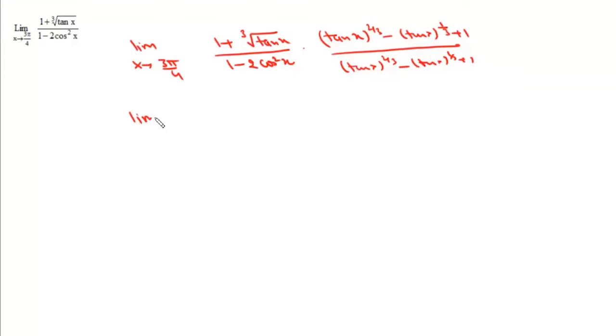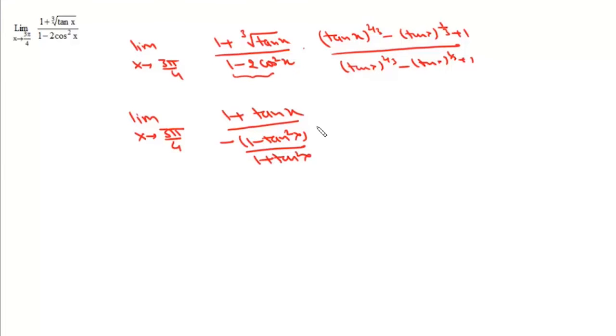So we write this as, this is limit x tends to 3 pi by 4, and here will be 1 plus tan x, and this is 1 minus 2 cos² x, which is minus cos 2x. And we know that minus cos 2x is (1 − tan² x) upon (1 + tan² x). And here it will be 1 upon (tan x)^(2/3) minus (tan x)^(1/3) plus 1. Now 1 plus tan x will cancel.